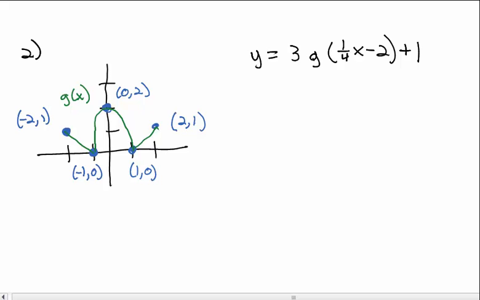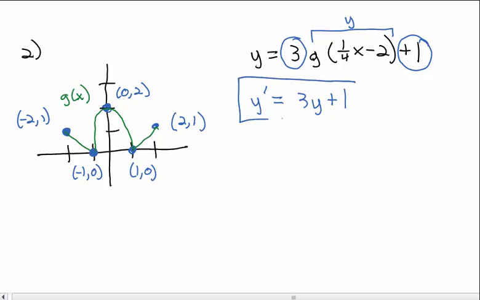Again, what parts are going to affect the y-coordinate? The y-coordinate is the stuff around the function, and the function itself is the y. So our new y, our y prime, is 3 times y plus 1. That's going to be a really nice, easy formula for us to use. Our x's are inside the parentheses.